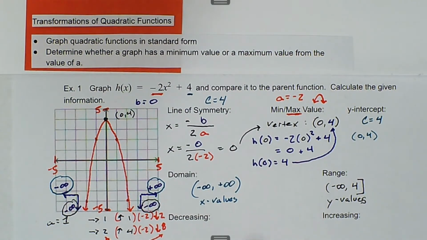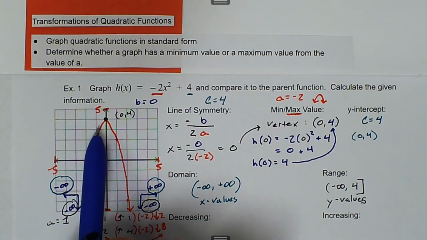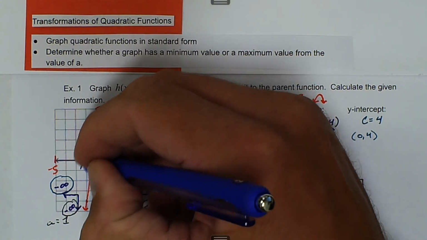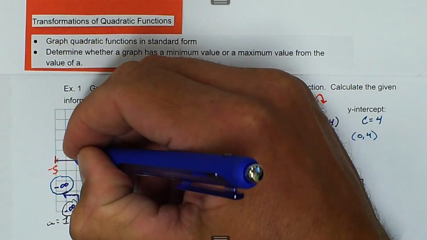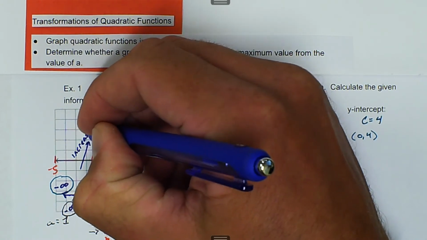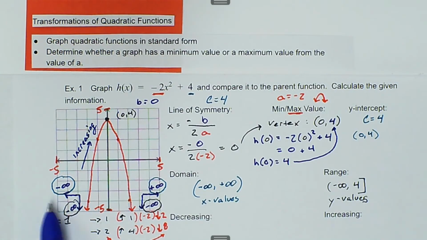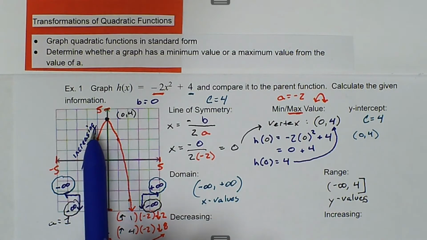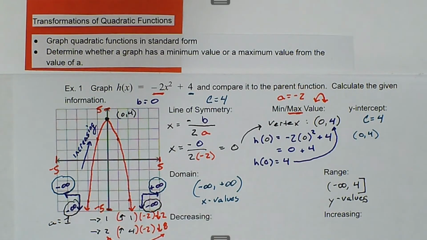Then the last part we have is decreasing and increasing. As we read the graph, just like paper, we read it left to right. So we go from the left, and as we come into contact with the parabola, what happens to our pen tip? It increases. So this is going to be increasing. So in the domain over here, just the x values, we start here and we work from -infinity, and we're increasing all the way until we get to 0.